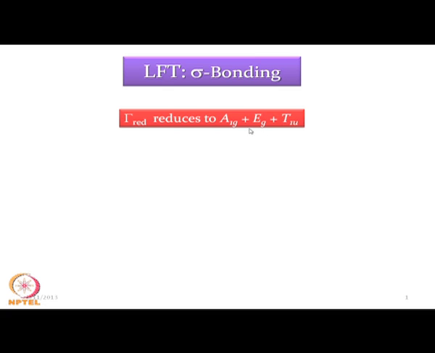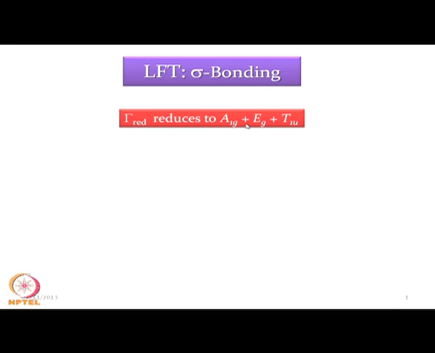These are the orbitals pointing towards the intermediate Cartesian axes, that means dxy, dxz and dyz. Those symmetry levels are not coming for the reducible representation for sigma bonding, that means those orbitals will not participate in sigma bonding in ligand field theory.